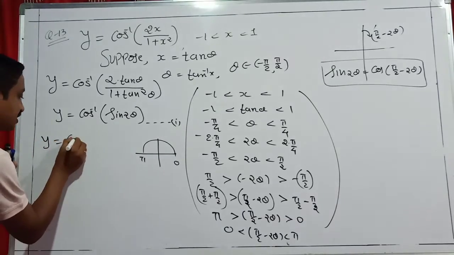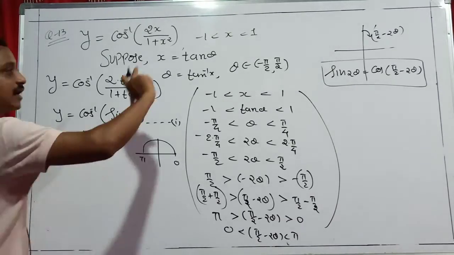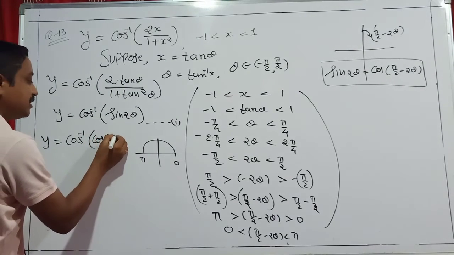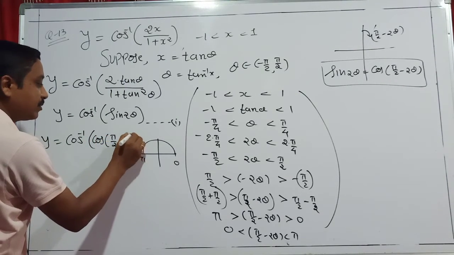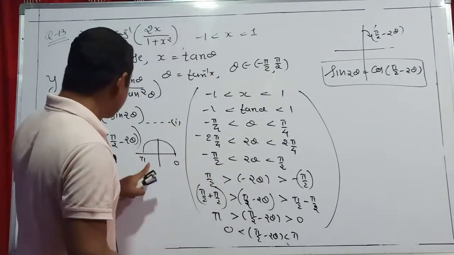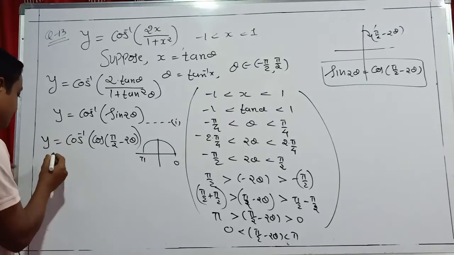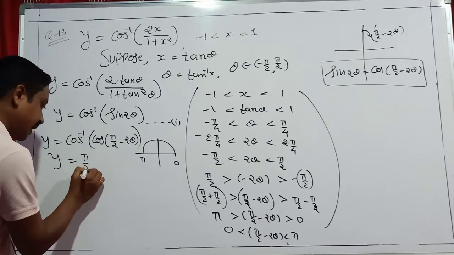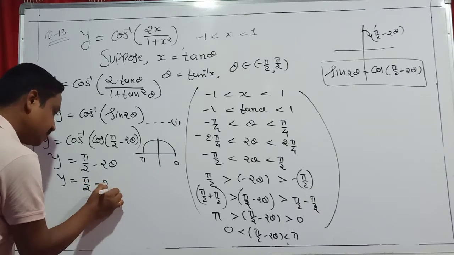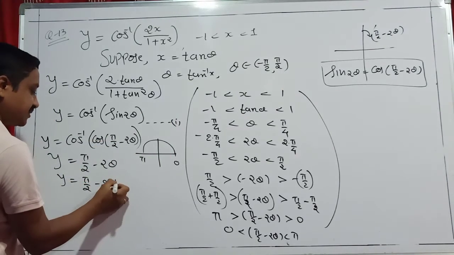Here sine 2 theta is cos of 90 minus 2 theta. And for this 90 minus 2 theta, I already checked the range of cos inverse, 0 to pi. That's why I just write 90 minus 2 theta and put theta in. What is theta here? Tan inverse x.